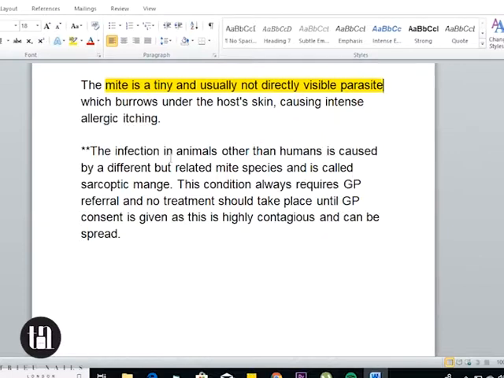The infection in animals other than humans is caused by different but related mite species, and it's called sarcoptic mange. You won't really need to know that, but what you do need to know is it always requires a GP referral, and no treatment should be taken until the GP consent has been given. It's important to note that it's highly contagious and can spread.